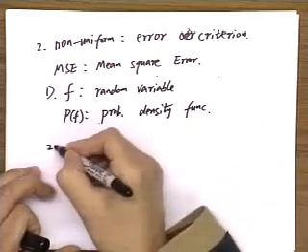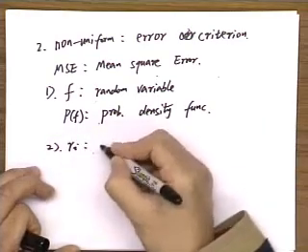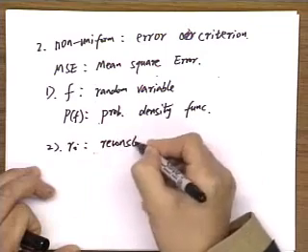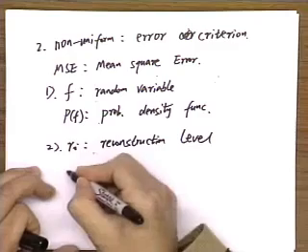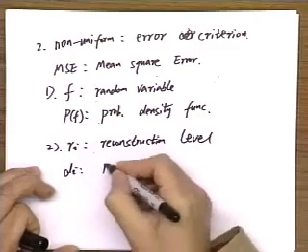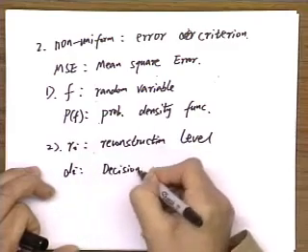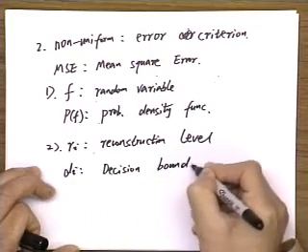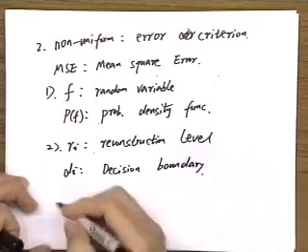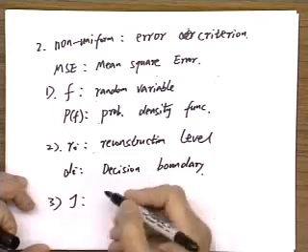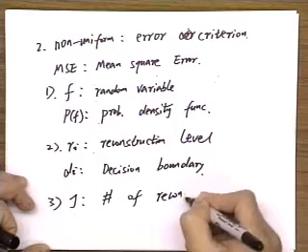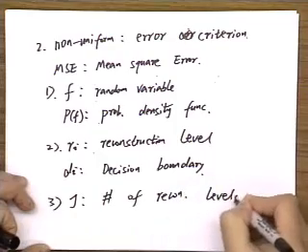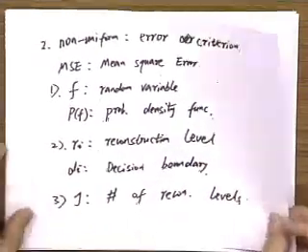And we also use Ri to represent the reconstruction level, and Di to represent the decision boundary. And we use J to represent the number of reconstruction levels. So these are all the variables I use to formulate this problem.